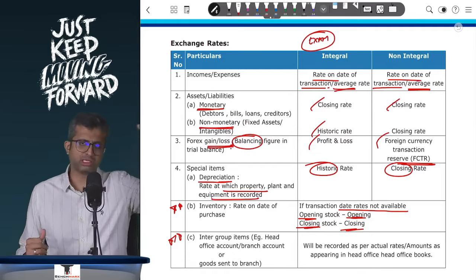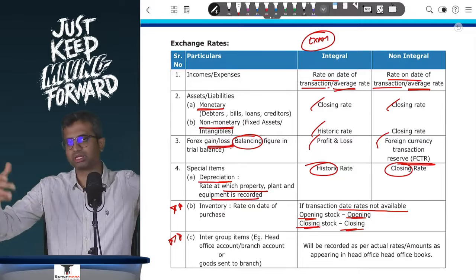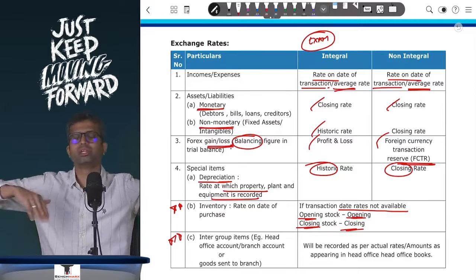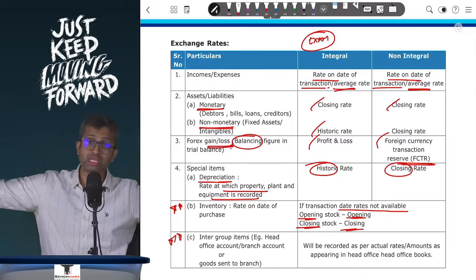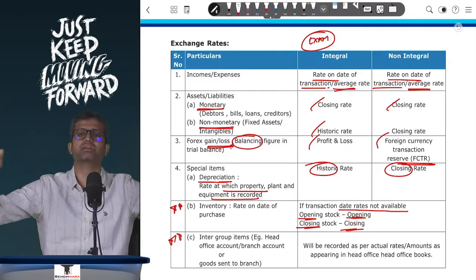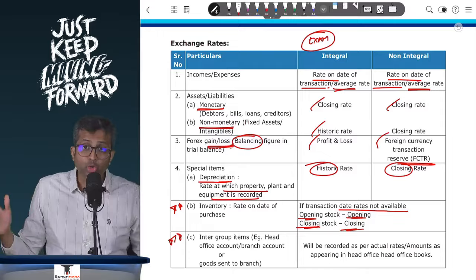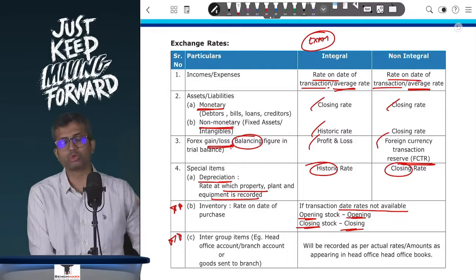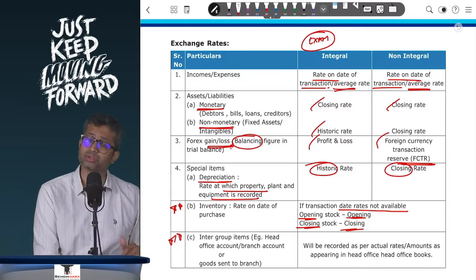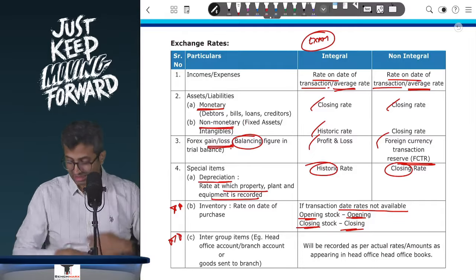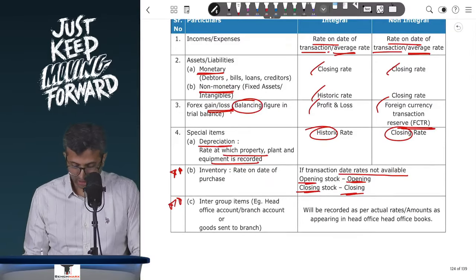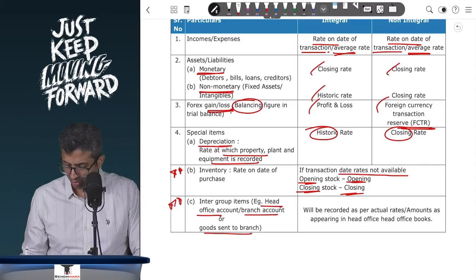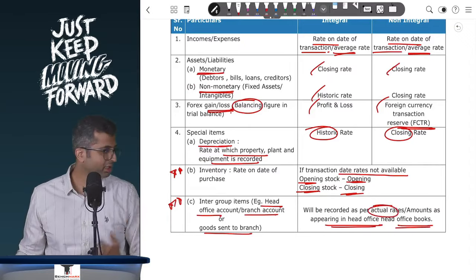So if in head office the branch is appearing at 10,222, in the branch account head office is appearing in dollars, you will convert it in such a way that it comes to 10,222, so that it cancels. This is the same for goods sent to branch and goods received from head office. Same for everything, so that these inter accounts cancel. So the intergroup items like a head office or a branch or goods sent to branch will be recorded as per the actual rates or the amounts appearing in the head office books, so that they internally cancel.